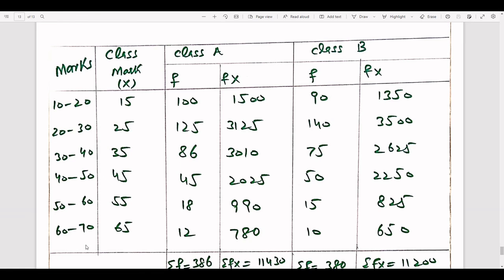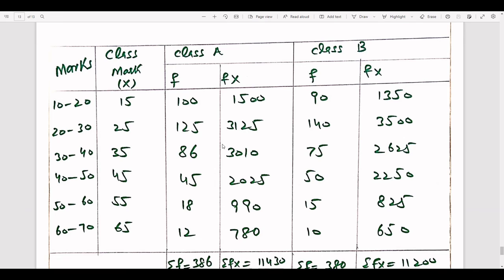Similarly, 60 plus 70, 130 divided by 2 is 65. Class A frequency f is 100, 125, 86, 45, 18, 12. And class B frequency is 90, 140, 75, 50, 15, 10.